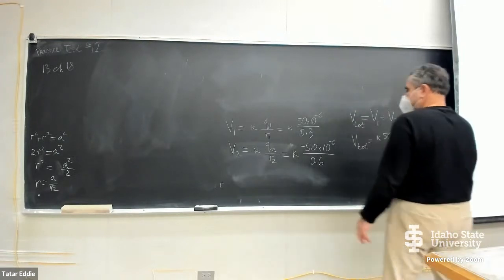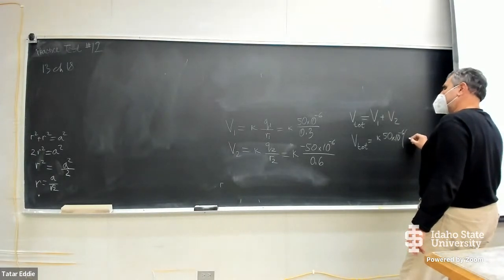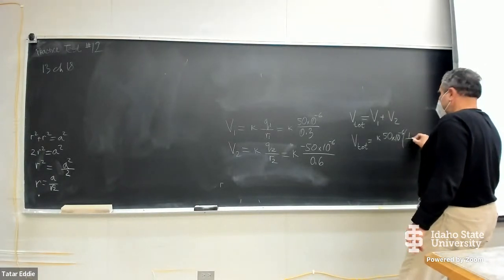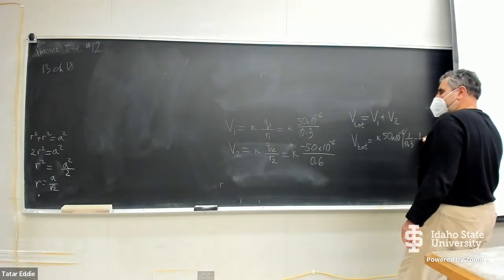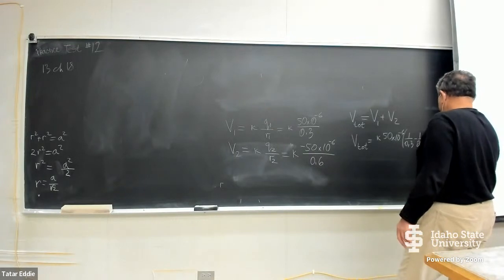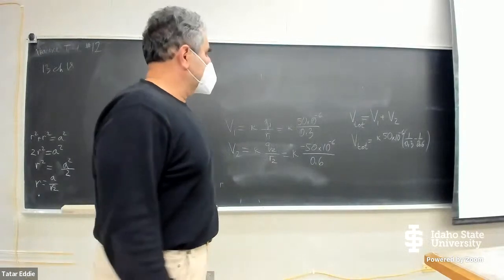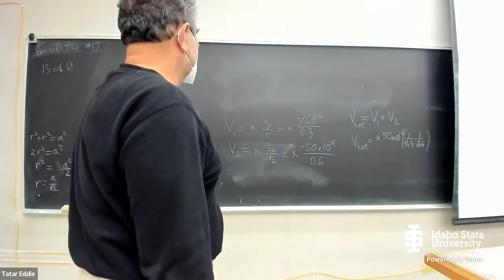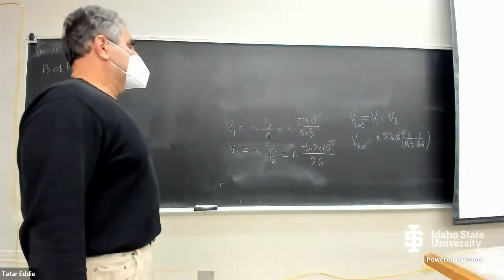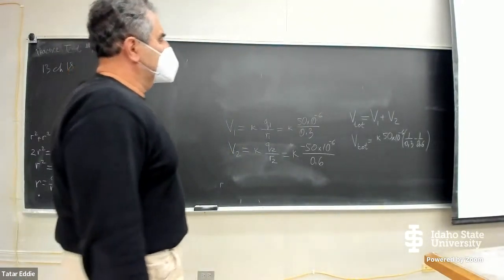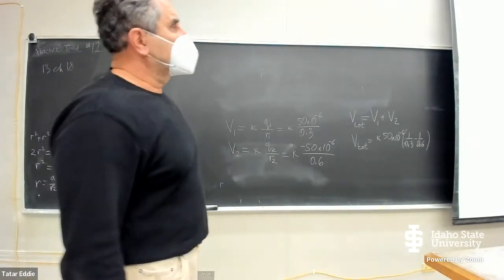And in the brackets, you're going to have 1 divided by 0.3 minus 1 divided by 0.6. So, well, it is arithmetic. Yeah, you have to do the arithmetic here.